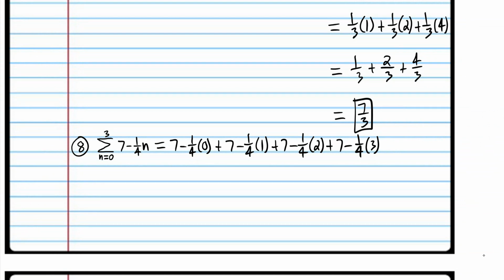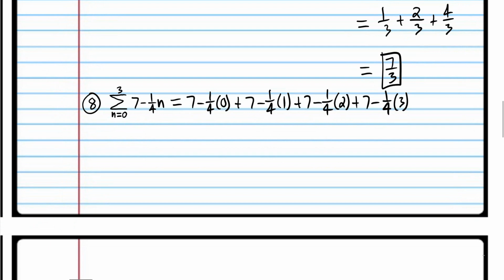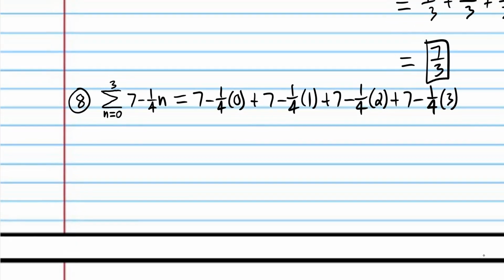So let's double check, make sure we wrote all that correctly. It looks right. So now we have 7 minus 0 plus 7 minus 1/4 plus 7 minus 2/4, which is 1/2, plus 7 minus 3/4.